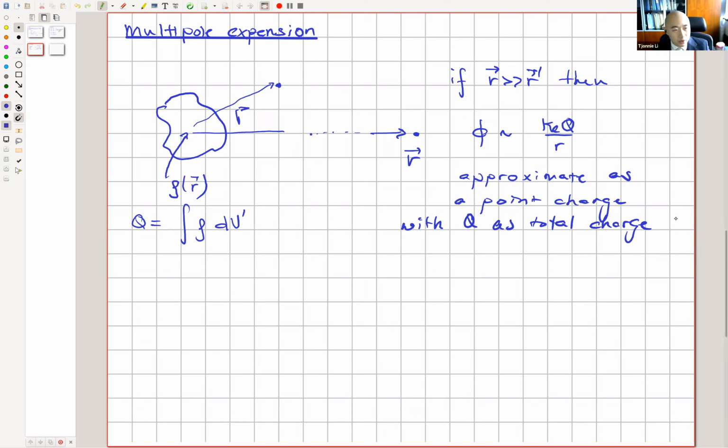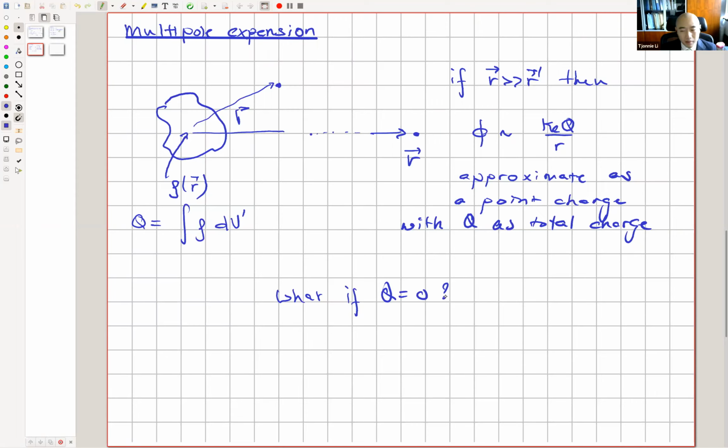Okay, so that's good. Now, one obvious question here is: what if the total charge equals 0?